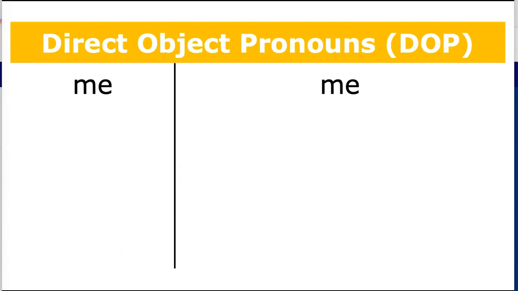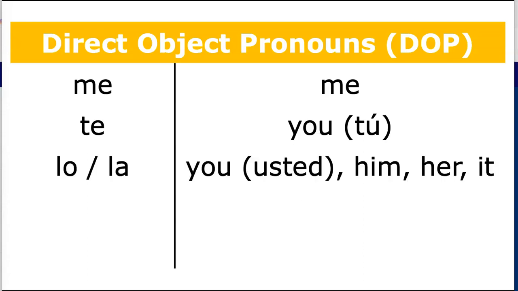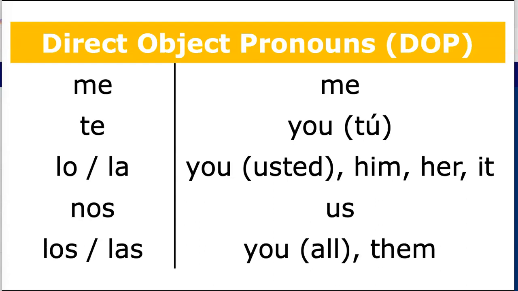Now let's look at the direct object pronouns. In English, we would say me. In Spanish, it's me. Te is for you, familiar. Lo or la, depending on gender, could mean either you, the formal sense, him, her, or it. Nos means us.